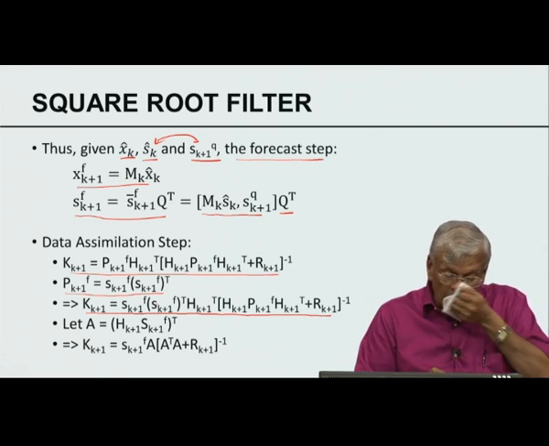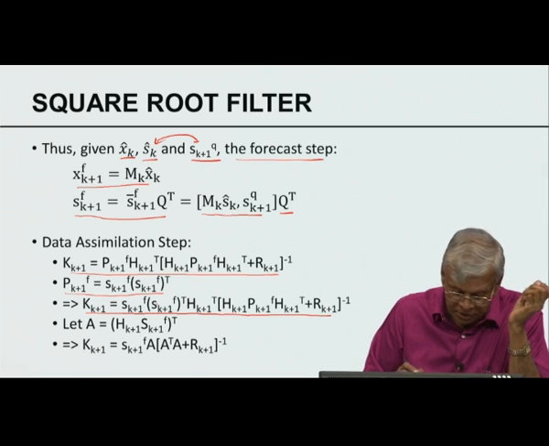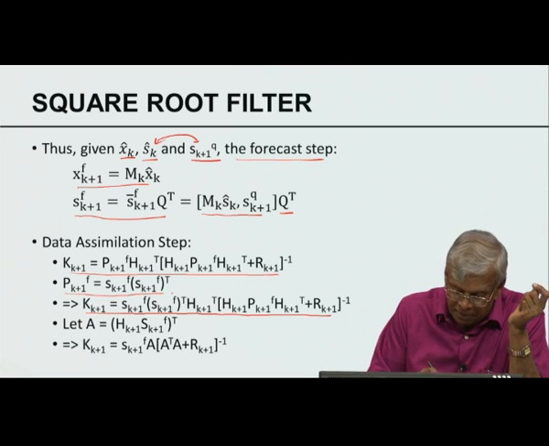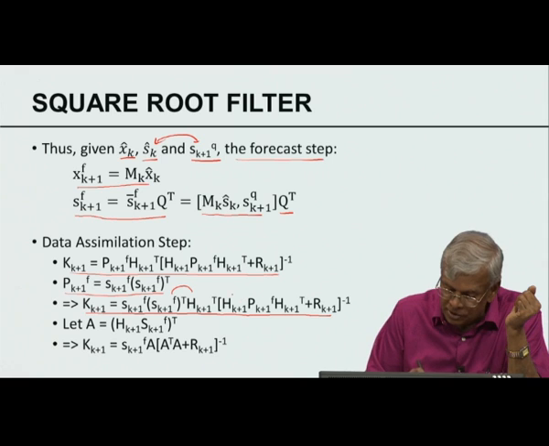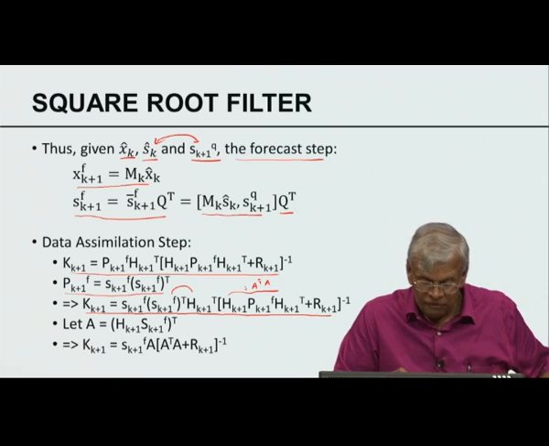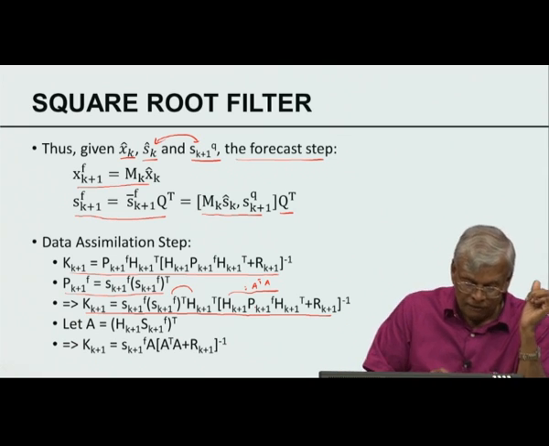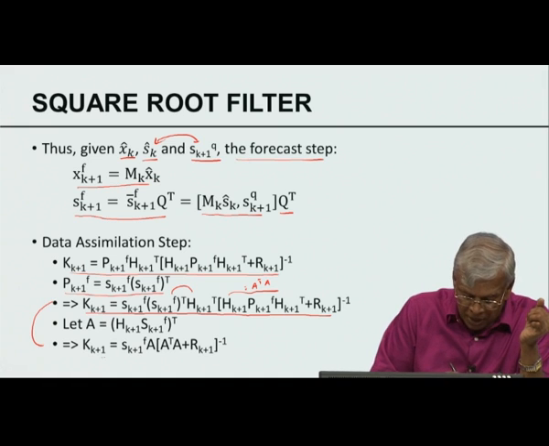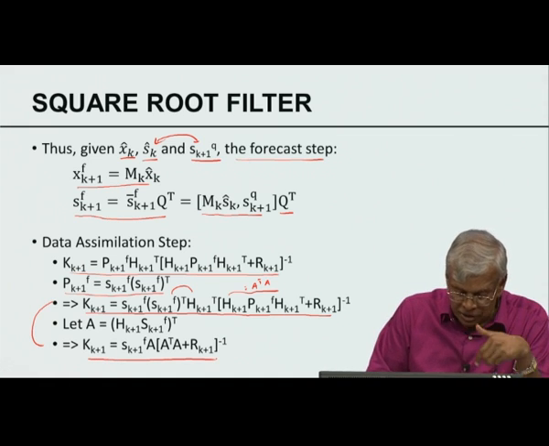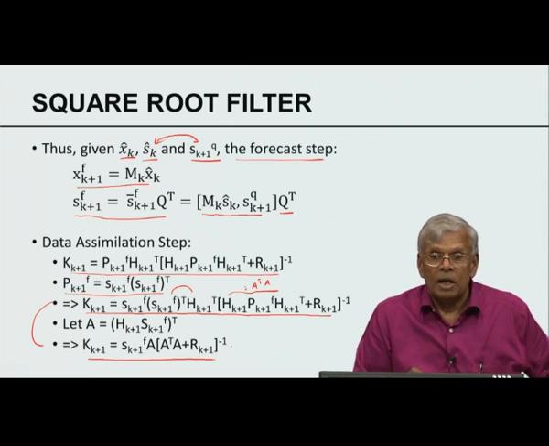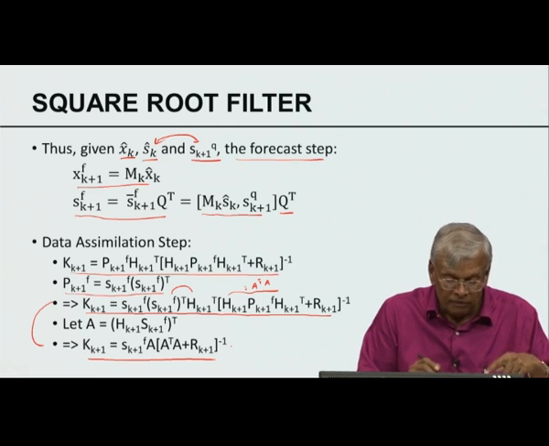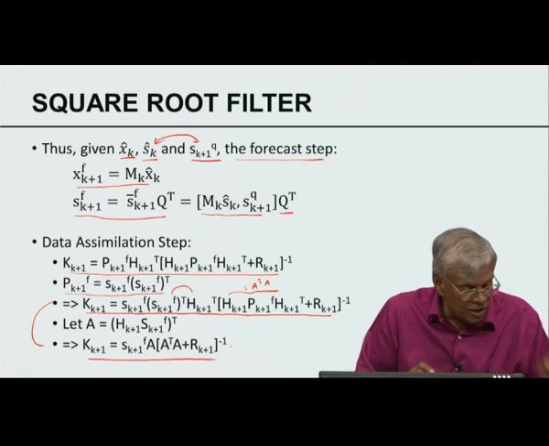Now I am going to change the matrices hk xk, the product that comes in here, I am going to call it A. So this I can rewrite also as A transpose times A using the same notation and using the same factorization for pk plus 1. Therefore kk now gets this form, and this form is the square root version of the Kalman gain.